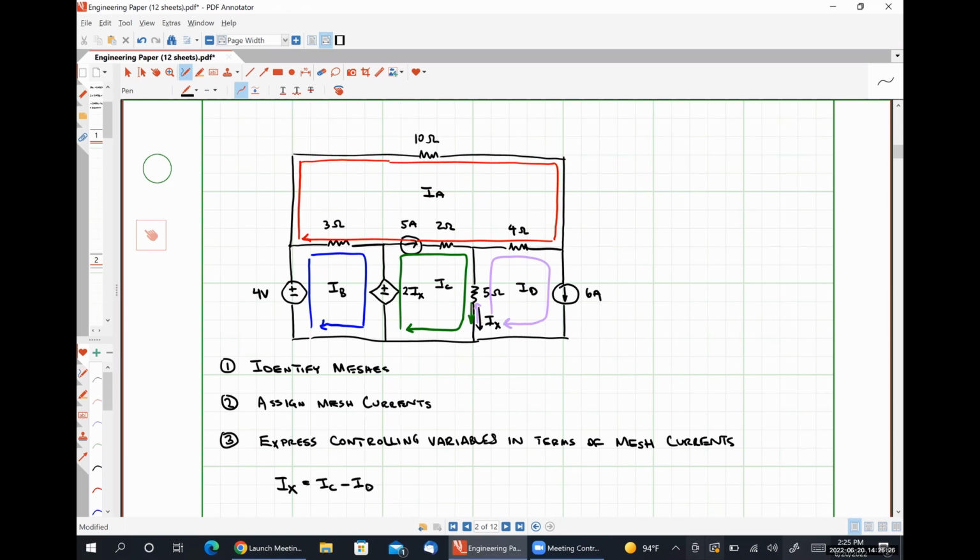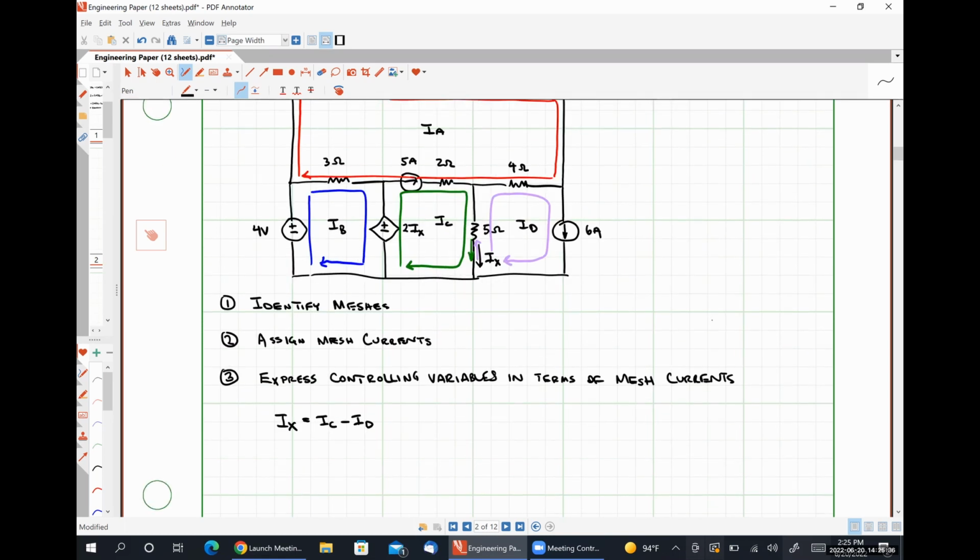Catherine, you got a little bit ahead of me, but you've made a wonderful observation that's going to bring us to our next step. So what Catherine observed is that our current ID is equal to 6 amps.